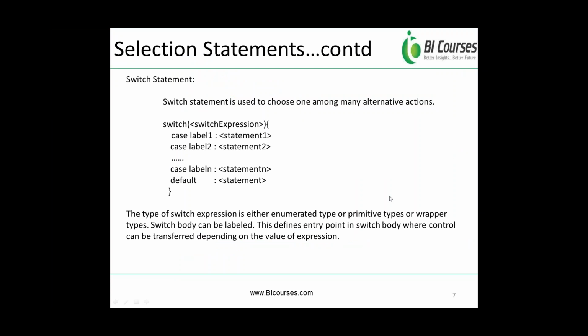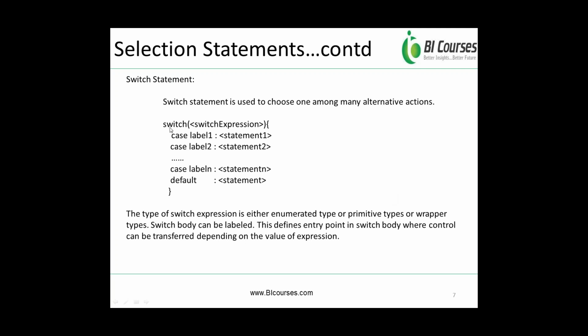The third one is if we have multiple options, then how we need to execute those statements. So for that we have this switch statement. Switch statement is used to choose one among many alternative actions. How will we represent the switch statement?